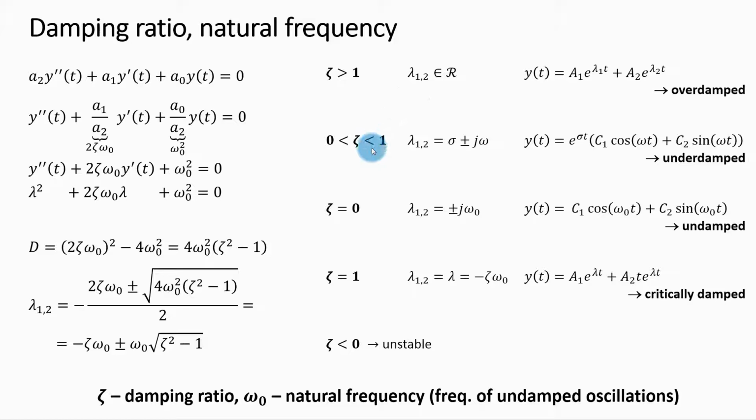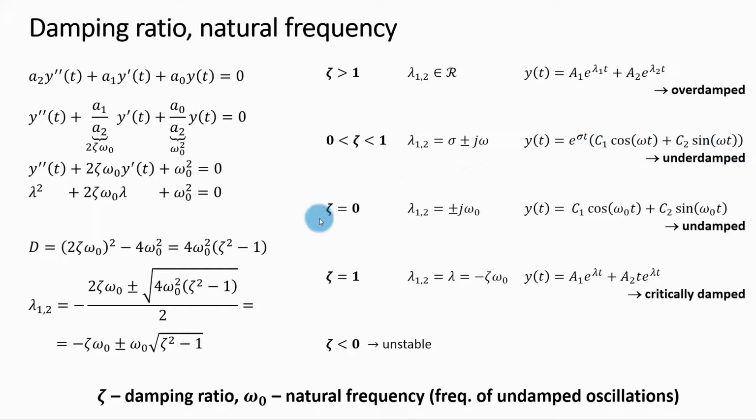If your zeta is less than 1 but positive, zeta squared minus 1 will be negative. This square root will be imaginary, and you will end up with 2 complex conjugate roots. Note that the real part of the roots will be negative, so your system will be stable. Your general solution will consist of 2 complex exponentials, or equivalently of an exponentially damped sum of sine and cosine, and you get the underdamped case.